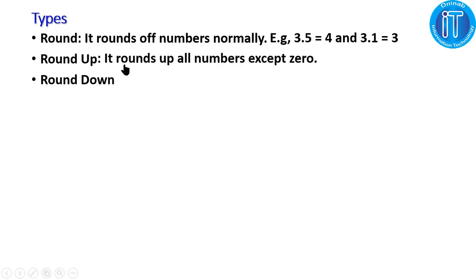For round up, it rounds up all numbers except 0. What we are saying here is that if you have 3.5, it gives you 4. If you also have 3.1, it will still round it up to 4.